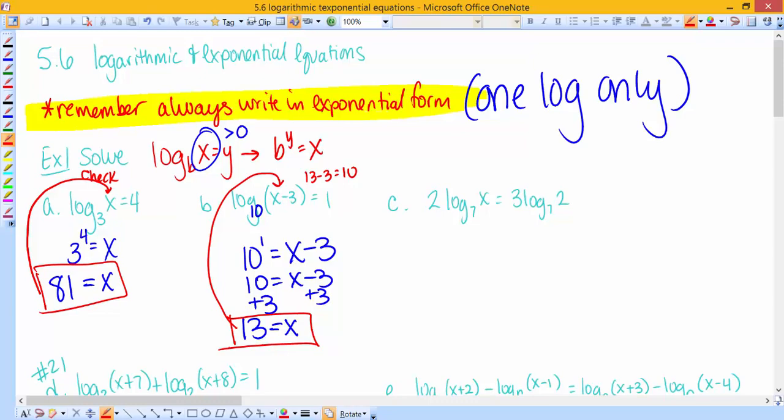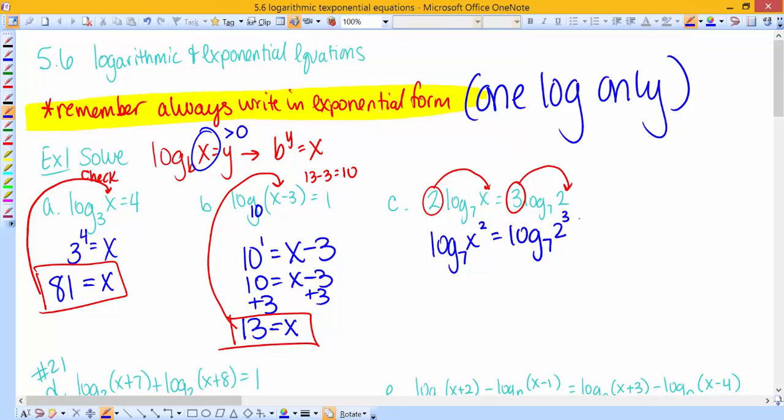Now, let's move on to C. C has 2 logs. So I'm going to have to use a different strategy here. First, I see that I have numbers in front of both of my logs. Therefore, they need to become exponents before you could do anything else. So I have log base 7 of x squared equals log base 7 of 2 cubed.